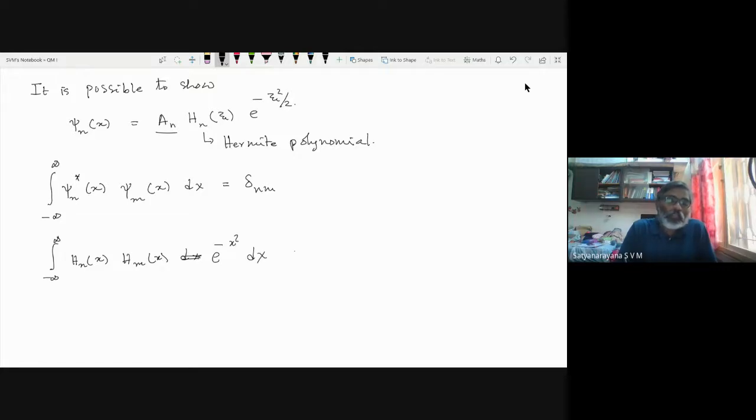Then you can say that this will be equal to some normalization constant and then delta nm. So the inner product with a weight function has to be defined, or you have to define the inner product in such a way that it will be finite.